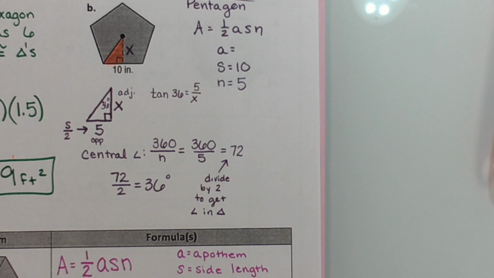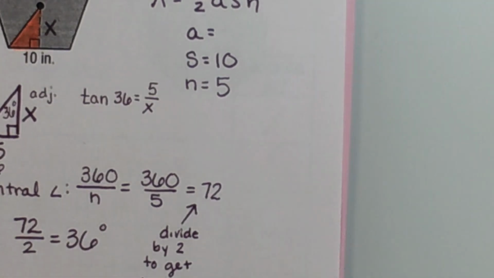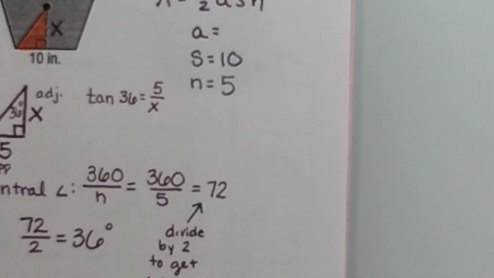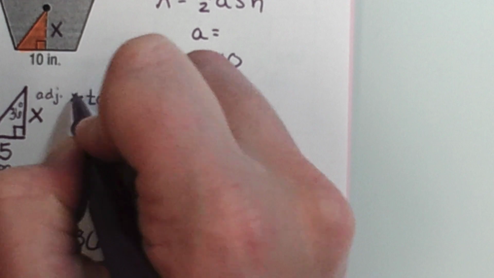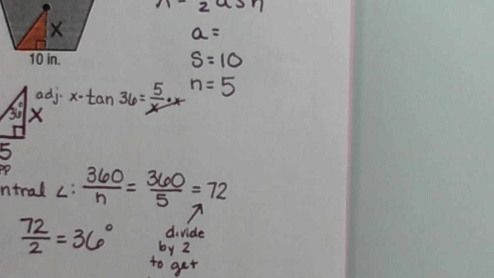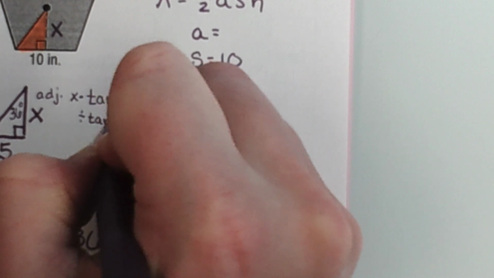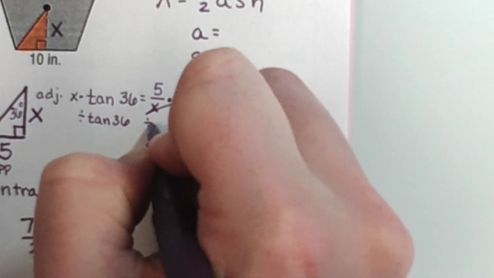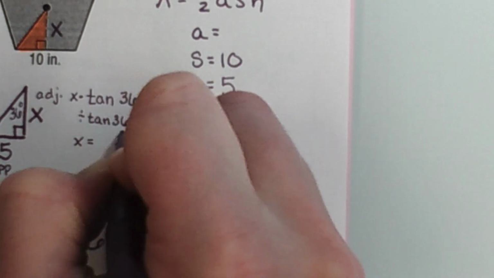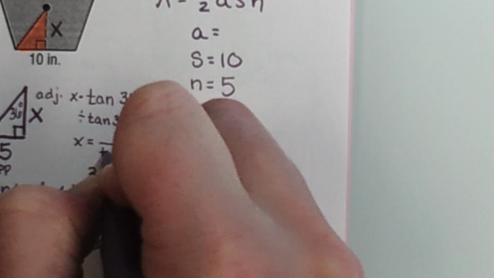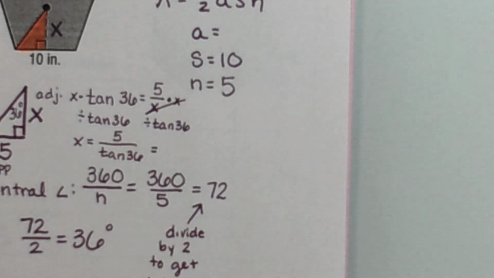When the variable is inside of that fraction, I always multiply by what? The denominator. Always the denominator, because I want to get rid of the fraction. I multiply by x. Is x alone? No, so I divide by tangent of 36. X is whatever 5 divided by tangent of 36 is. 6.88.